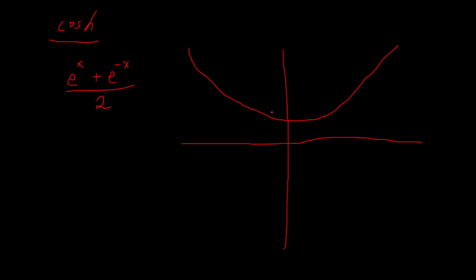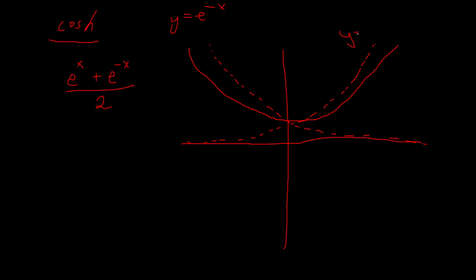Now you can plot y equals e to the power of negative x, and you would get something like this. And if you did y equals e to the power of x, you'd get basically the exact opposite of it.